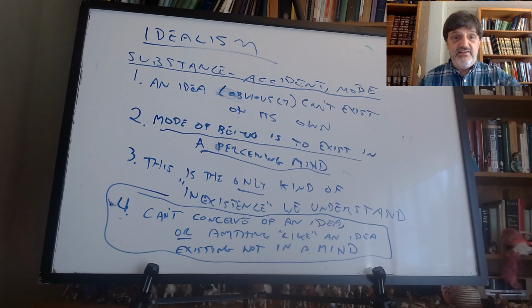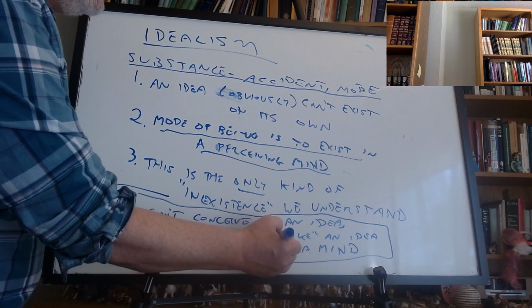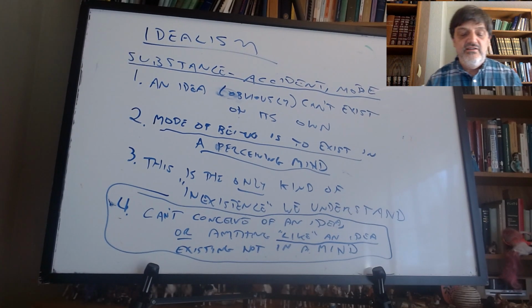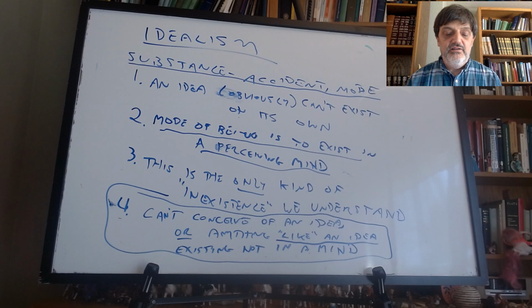I mean, they could exist in another mind, but they can't exist also not in a mind. And since nothing that's like an idea can exist not in a mind, they can't resemble anything that's outside of minds.